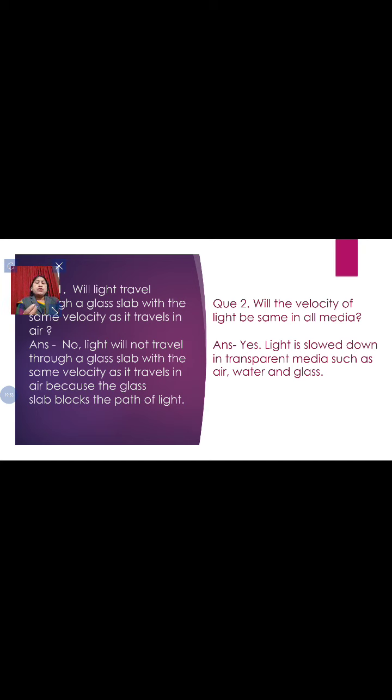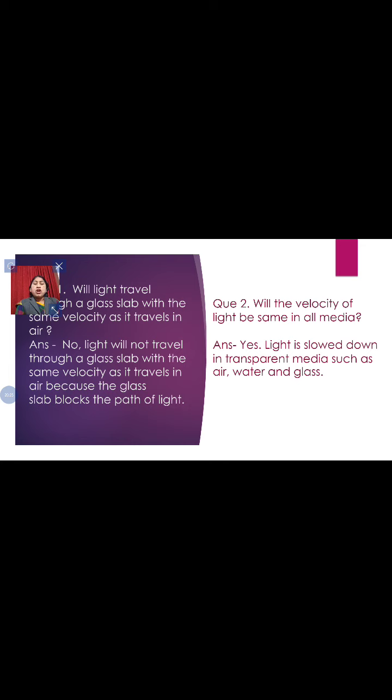Here we have two more questions given in the textbook. Will light travel through a glass slab with the same velocity as it travels in air? That means, will the velocity of light in the glass slab and in the other medium be the same? The speed of light, will it be the same? It will not be, note this.